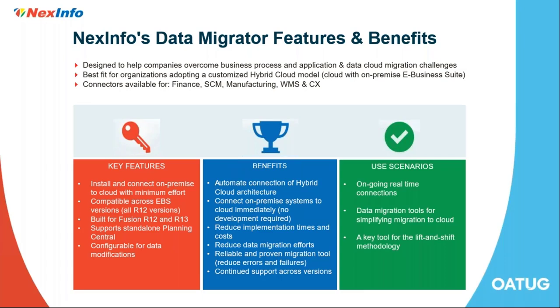So this NexInfo Data Migrator is very easy to install and very easy to create a connection between EBS and Fusion Cloud, and it is compatible with all versions of EBS R12, and it is built for Oracle Fusion release 12 and release 13, and one of the added advantages is that you can do the configuration, or you can do the transformation from the migrator itself.